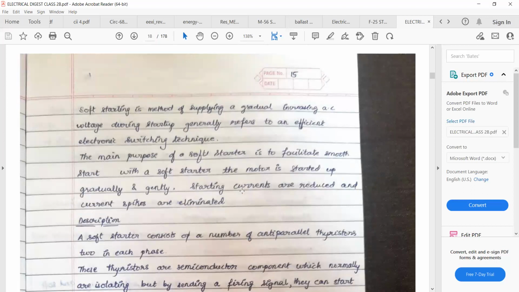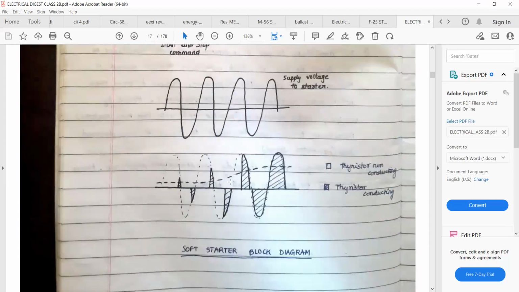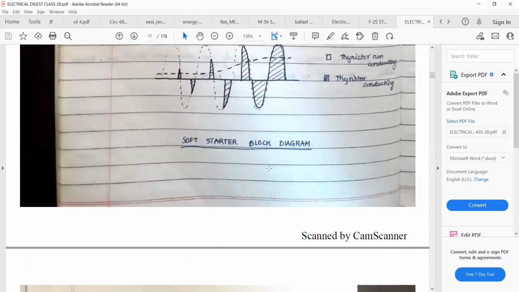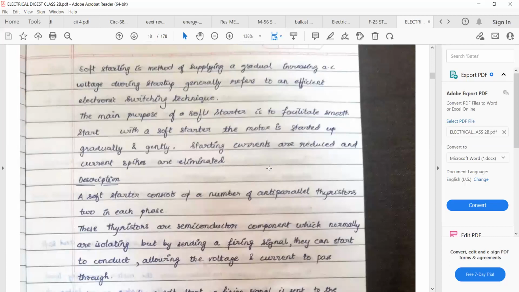Soft starting is a method of supplying gradually increasing AC voltage. So earlier, can you see here, we are giving directly this voltage, but now you are giving only this much voltage initially, the dark portion. Can you see? So you are increasing the voltage gradually during the starting, generally referred to as an efficient electronic switching technique.